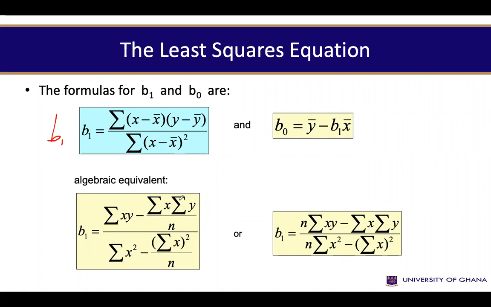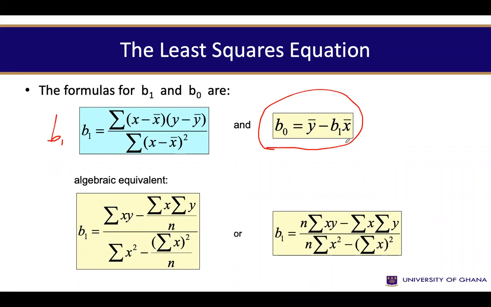Or you can use the algebraic equivalent, which is sigma xy minus summation of x summation of y over n, over summation of x squared minus summation of x over n, squared. And then b0 is expressed as y bar, the average, minus b1 times x bar.